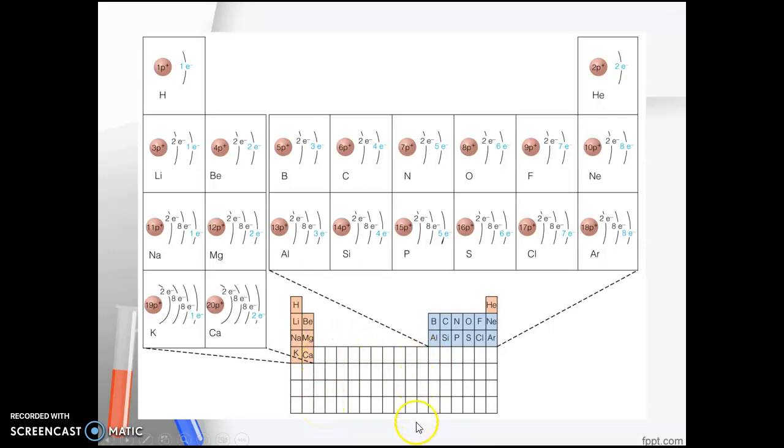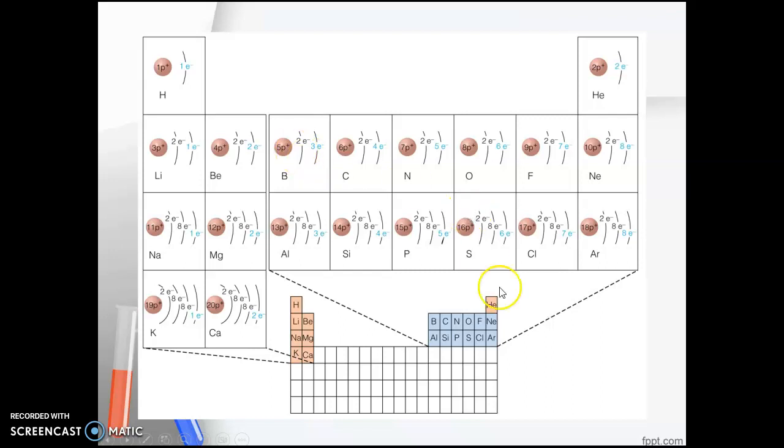In this block we have the transition metals, and you have 10 groups here. So you have group 1, group 2, and then 10 groups, and then group 13, group 14, 15, 16, 17, and the last group in the periodic table is group 18. That's how we name the columns. The columns in the periodic table are named groups, and we have 18 groups.